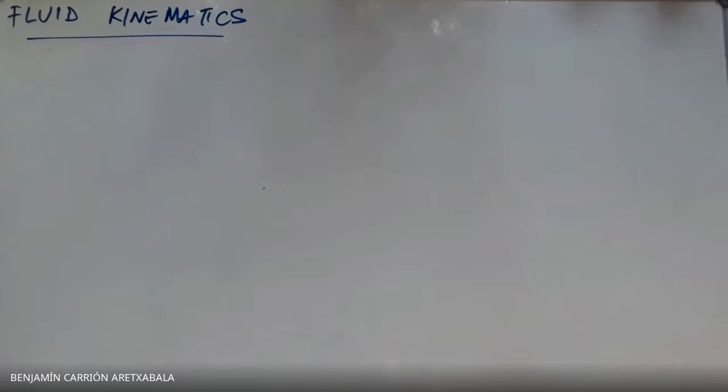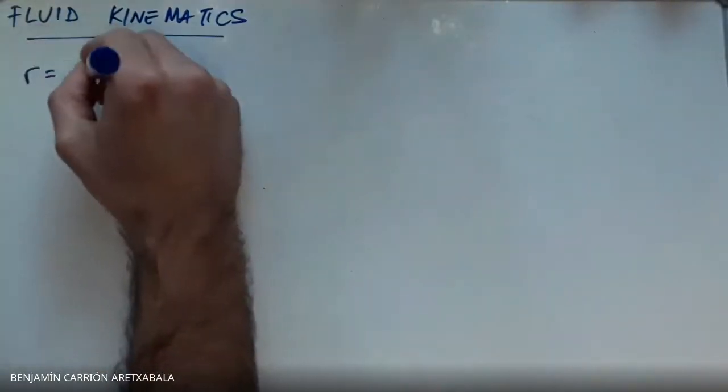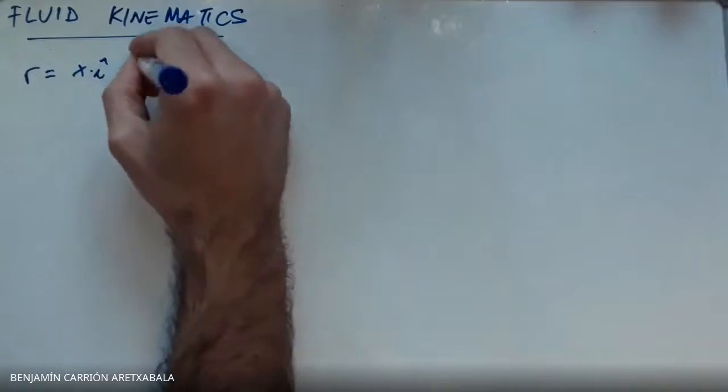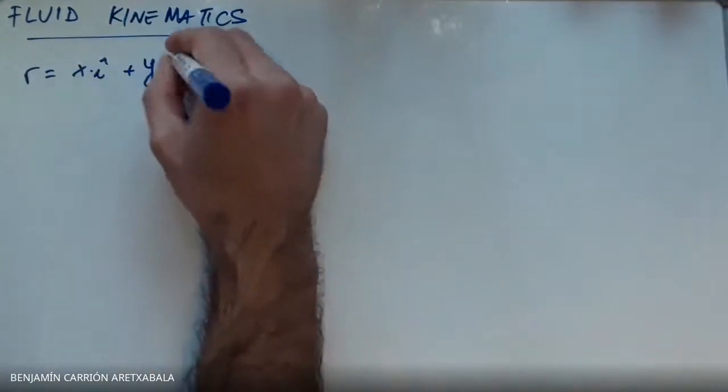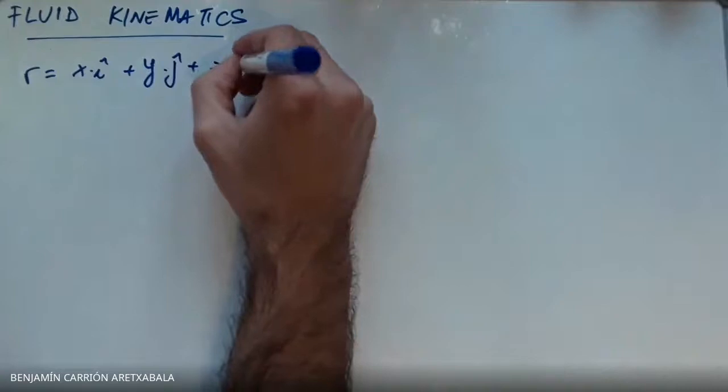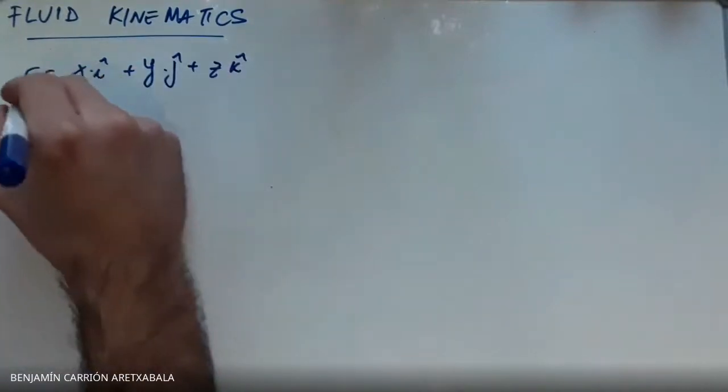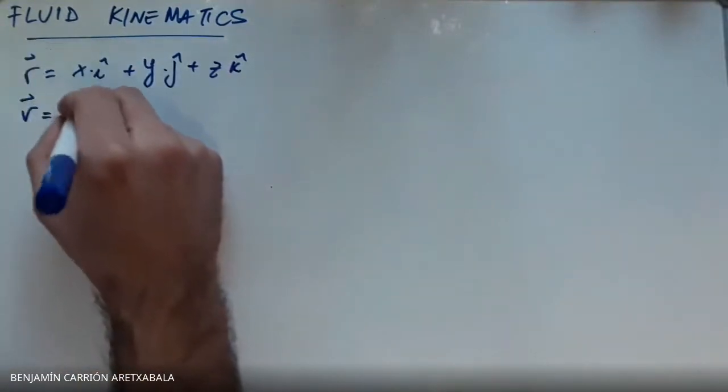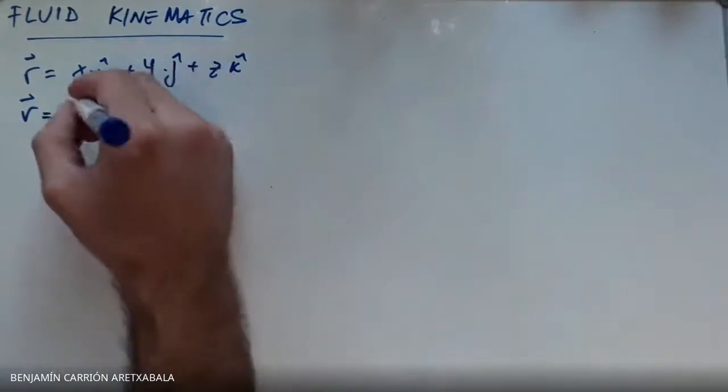And as you can imagine, accelerations are pretty important if you want to compute forces. So the acceleration of the flow is a pretty important thing. I showed you already that if your position is x in i times y in j times z in k, then your velocity, these are vectors, is nothing more than the derivative of this.